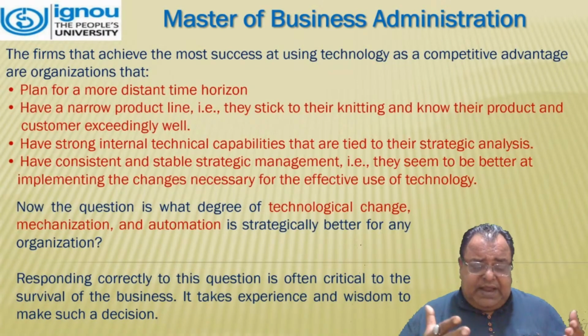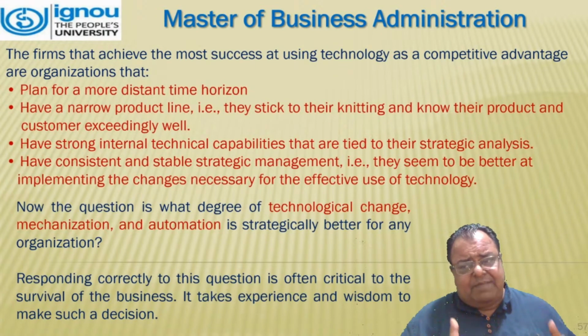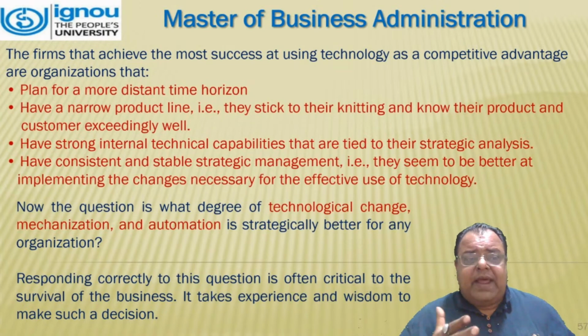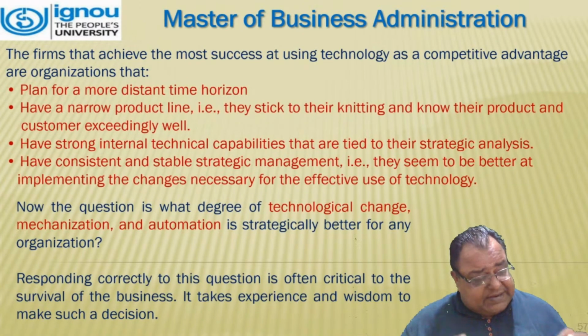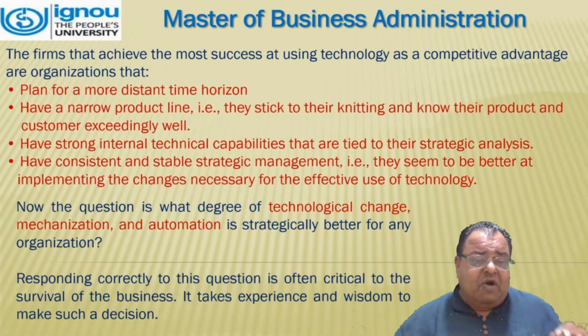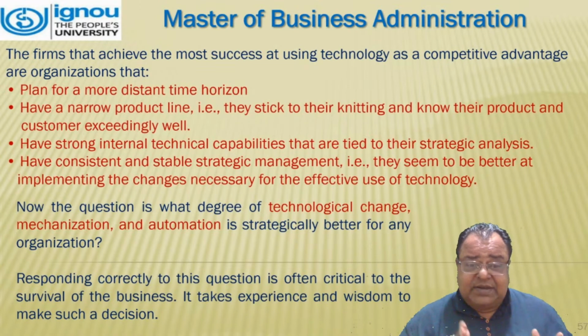The firms that achieve the most success at using technology as a competitive advantage are organizations that plan for a more distant time horizon, have a narrow product line, that is, they stick to their knitting and know their product and customer exceedingly well, have strong internal technical capabilities that are tied to their strategic analysis, have consistent and stable strategic management.